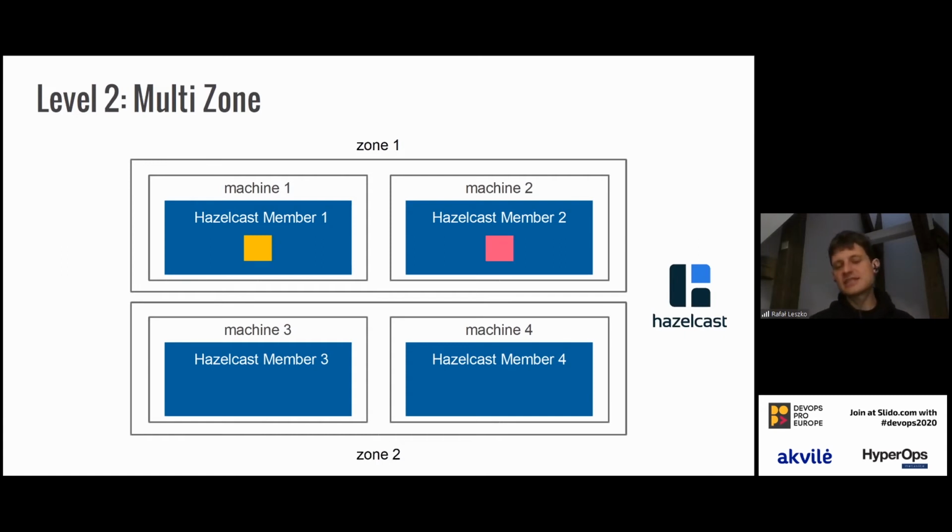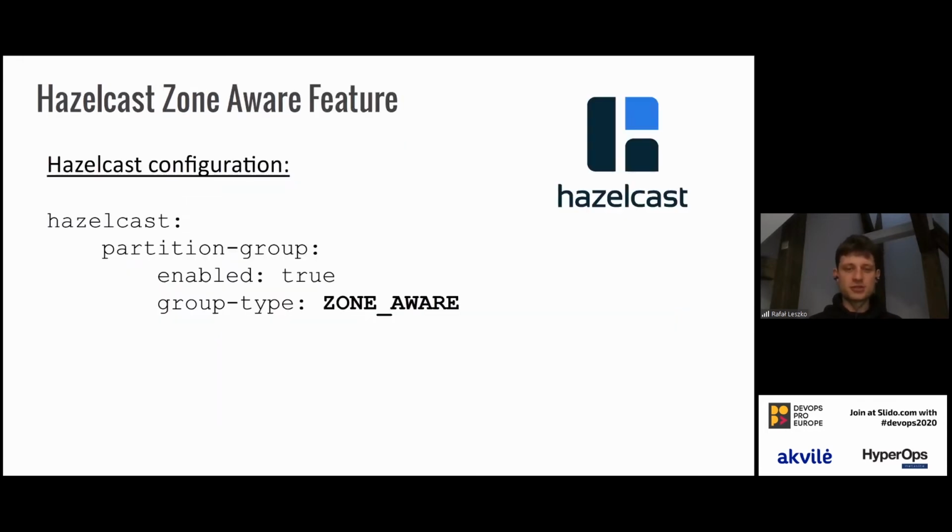And we were thinking at Hazelcast how to approach this. The problem with availability zone is that this is a concept specific to the environment. So we came up with the idea of a zone-aware feature, meaning that this is how you specify it: in the Hazelcast configuration, group type zone-aware, meaning I would like my Hazelcast cluster to be zone-aware. Now, how do we deal with each environment being different?